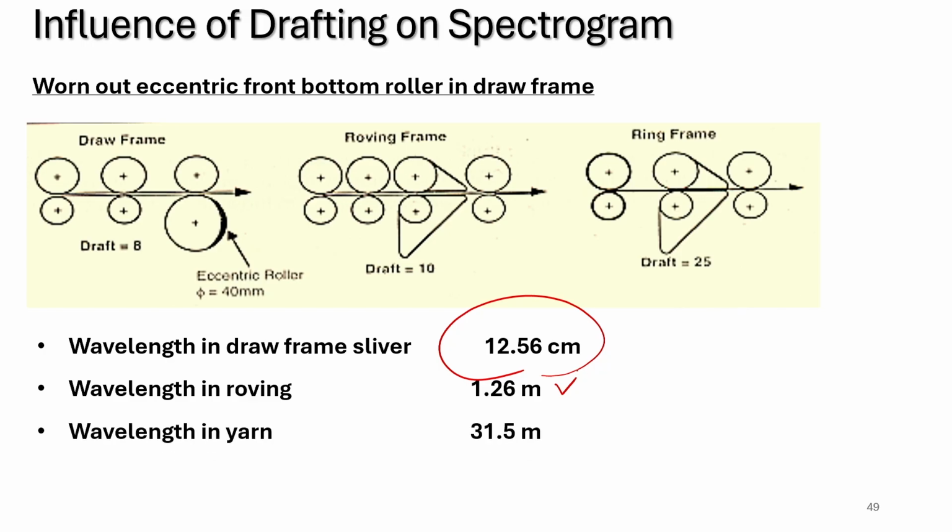Multiplied by 10 and by 25, this will be 31.5 meter. That way we can identify the faulty roller, and we will see a few calculations.